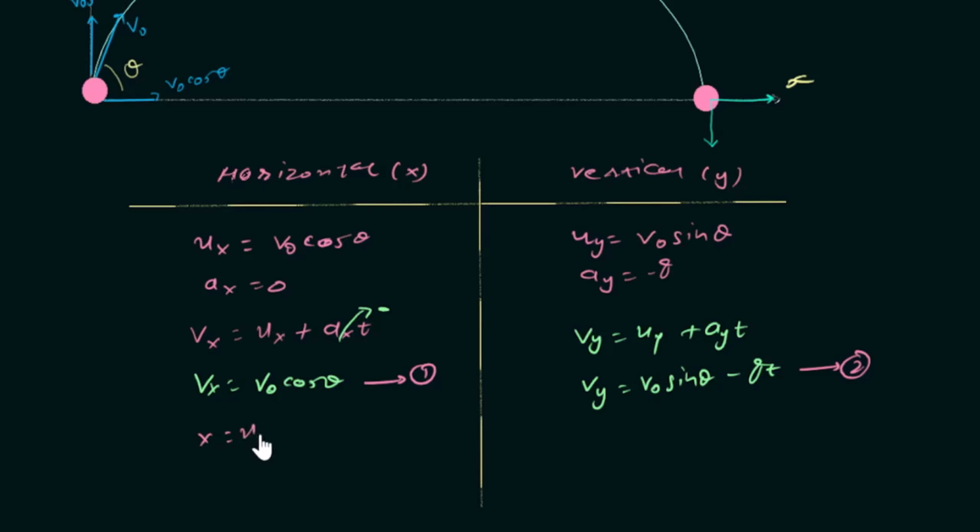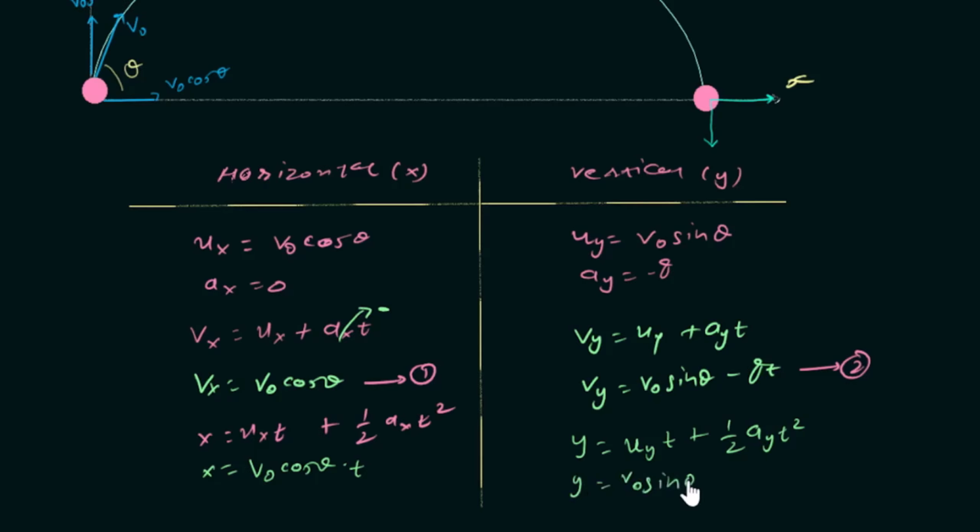The x coordinate is uxt plus half axt square, where ux is v naught cos theta into t, and ax is zero, so the second term will be zero. The y coordinate is uyt plus half ayt square, which is v naught sin theta t minus half gt square.